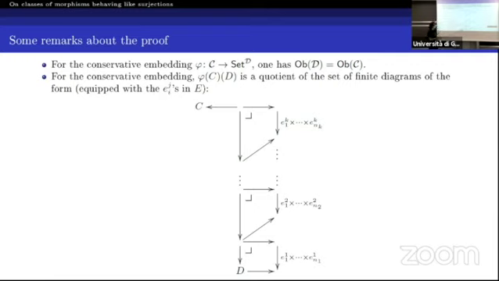So these finite diagrams are just a tower of finite pullbacks, where the object at the bottom is D, and where the top object is equipped with a map to C. And moreover, the morphisms on the right are just products of morphisms in E. So they're also in E, but each of these individual morphisms in E is part of the structure. So it's an explicit description of the embedding.